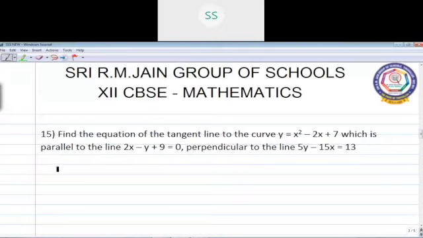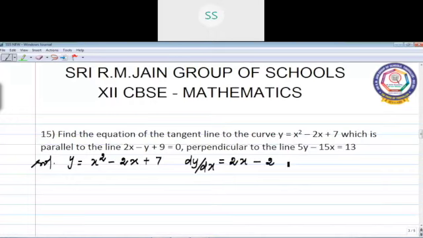See here, slope of, that is, solution. y is equal to x square minus 2x plus 7, right? Now, dy by dx is equal to 2x minus 2, which implies m is equal to 2x minus 2, right?